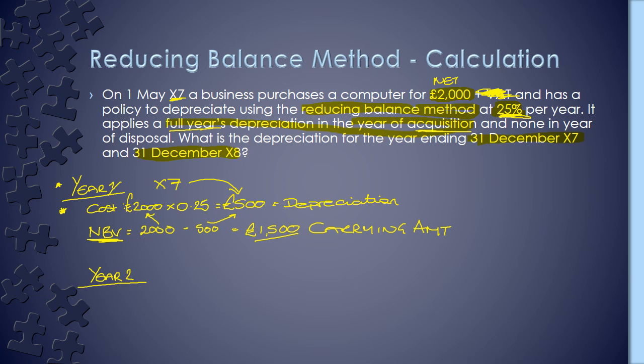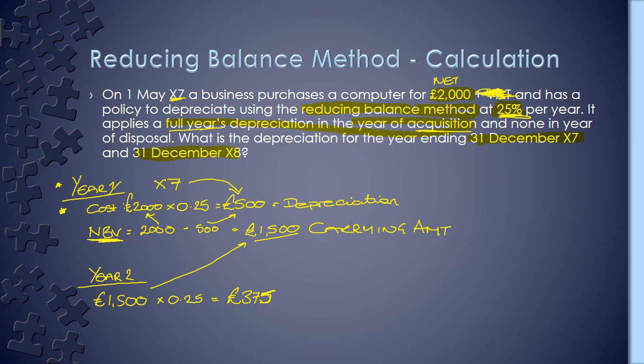So this time we're going to do our 1,500. Okay, so that's our net book value. Find our 25%, that's our depreciation. And when you do your 25% of that 1,500, you get a depreciation amount of £375 for year 2.